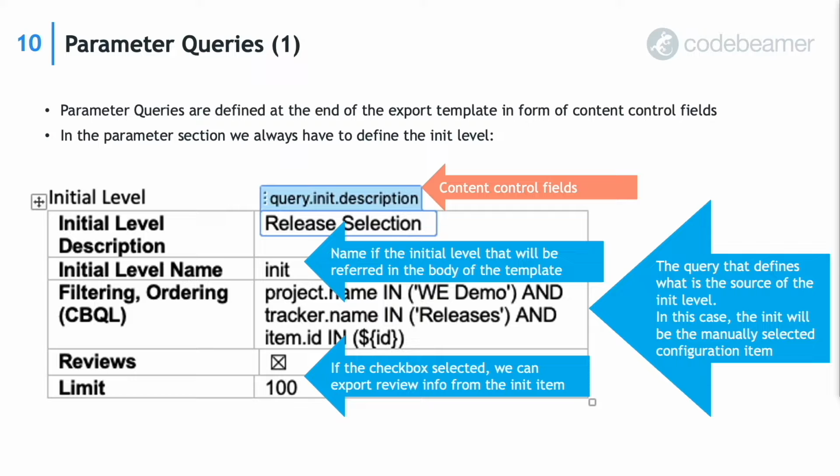The third row is the most important because that determines the source of the content using a CBQL formula. In this particular case, the definition says that the init item can be any selected item within the release tracker of the Word Export demo project. Last but not least, if you want to put review-related information from the init level into the document, then select the Reviews checkbox.